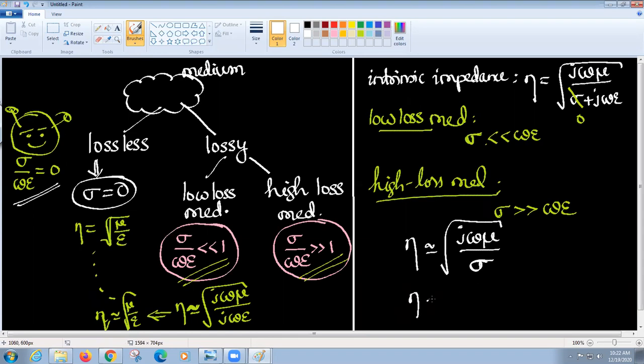How can we simplify this? Can I write this one as eta is equal to square root of omega mu by sigma, angle 45 degrees? Can I write like this?